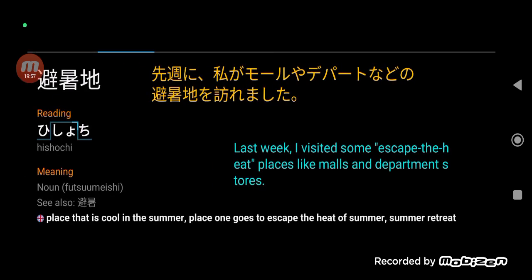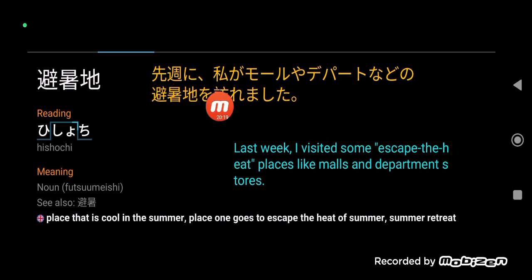I would say last week 先週に私がモールやデパートなどの避暑地を訪れました。Again, focus on this orange font here.